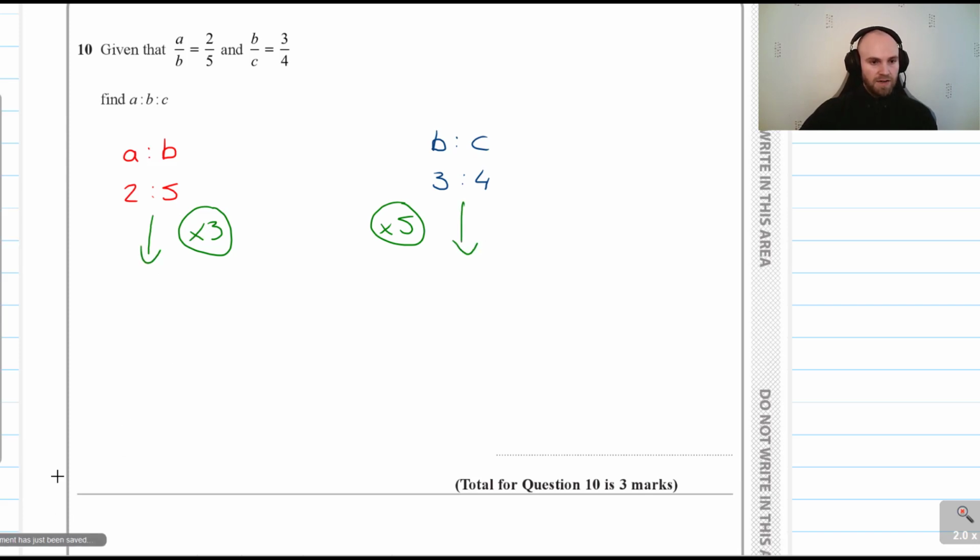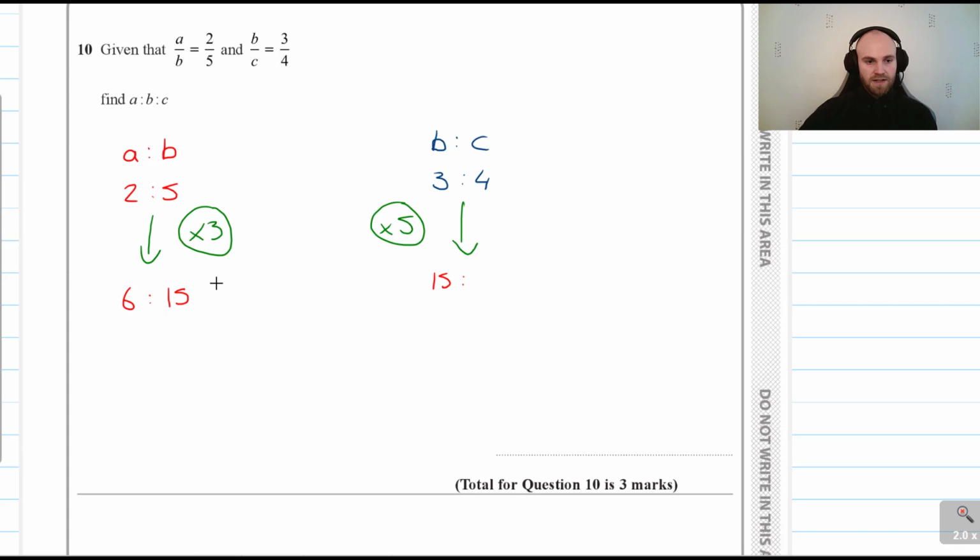So what is that going to give us? Well, you have to do everything with a, b, and c with this one. So a is going to be multiplied by 3. So 2 times 3 is going to be 6. We have this 5 here for the b. That is going to give us 15. Now this one we're going to multiply by 5. So this 3 is going to become 15.